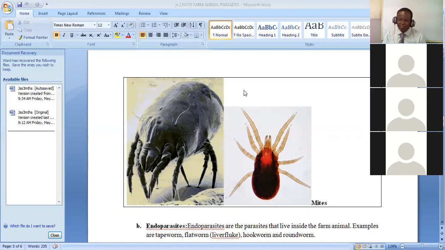Yes, go on. When the ectoparasite lays eggs on the host, does it leave the body or does it stay with the baby? Good question. The eggs will attach to the hair strands on the body of the animal and derive its food from whatever it can get from the hair strand.